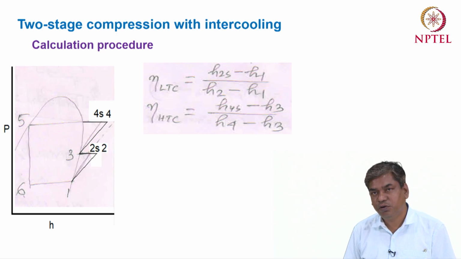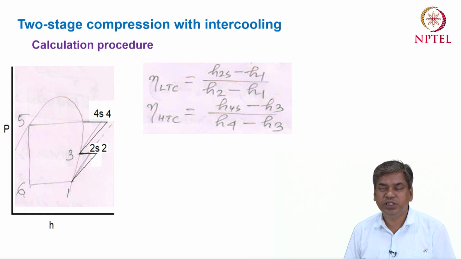For 1 to 2s, this is the isentropic process, so the entropy at point 2s is equal to the entropy at point 1, and at point 2s we know the pressure and the entropy. So we can calculate the enthalpy, and by using the isentropic efficiency of the compressor we can calculate the enthalpy at point 2.